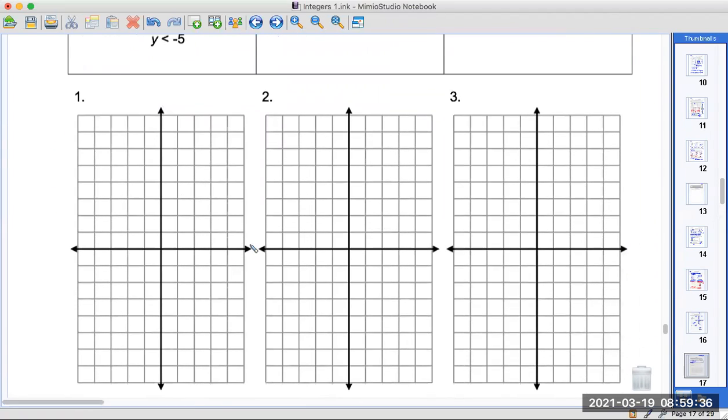So let me label my x-axis and y-axis. We'll do number 1 together. So this is your origin. 1, 2, 3, 4, 5. 1, 2, 3, 4, 5, 6, 7, 8. So that's as far as we can go. Then over here on negative 1.